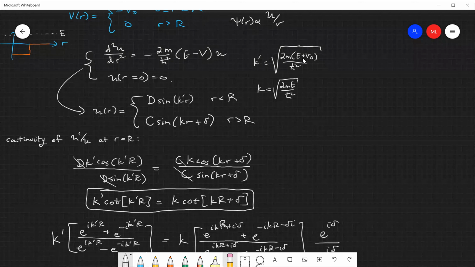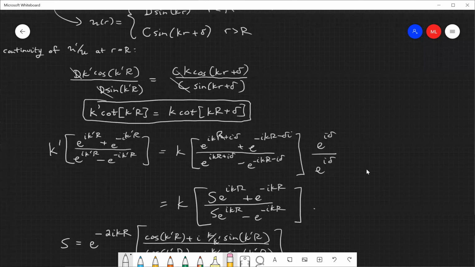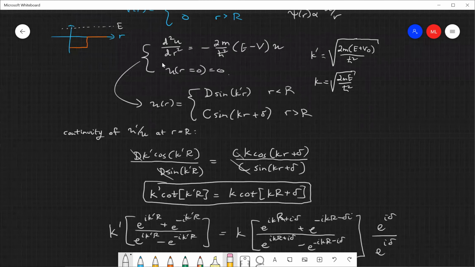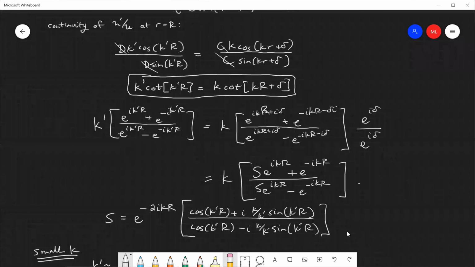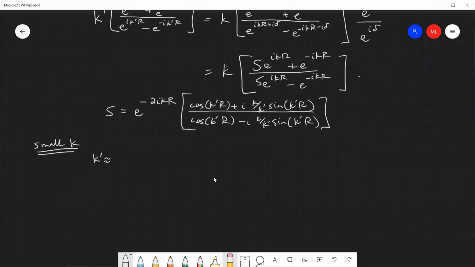So if k is small, and small compared to the depth of the potential well, then this energy is going to be small, right? The energy is going to be small compared to the potential well depth. So as you send k to 0, we're just imagining the energy being real small compared to the depth of this potential well. In that case, k prime is approximately equal to k naught, which we just define as 2m V naught over h bar squared.